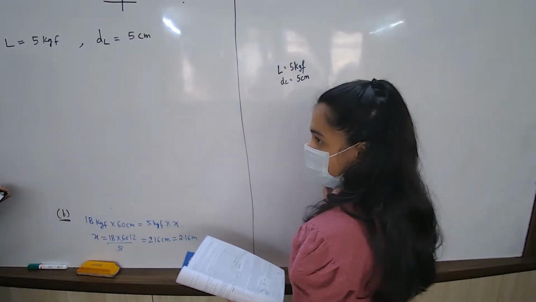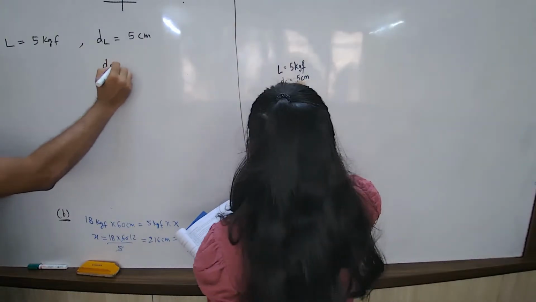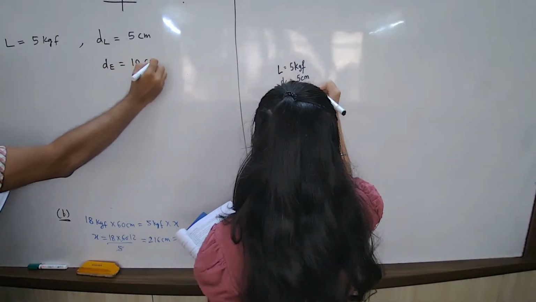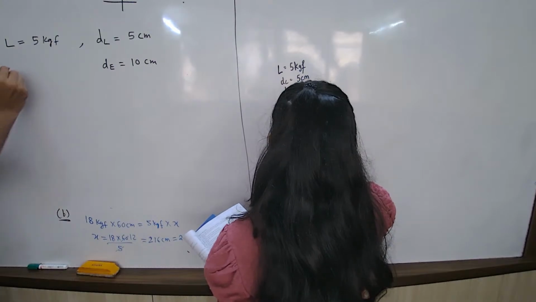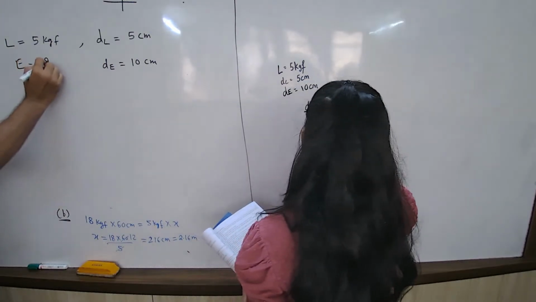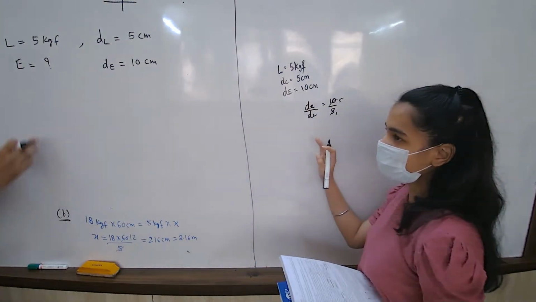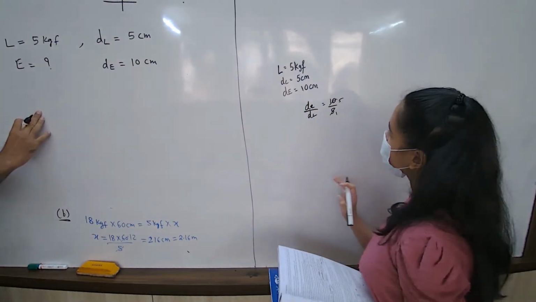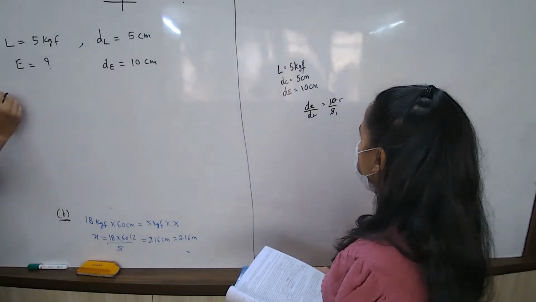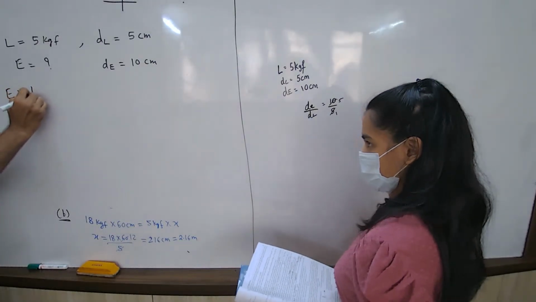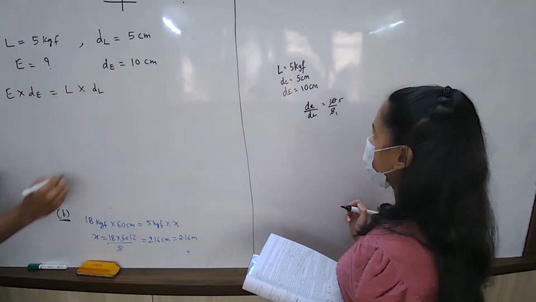Well, its handle is 10 centimeter. तो हैंडल क्या होता है? एफर्ट आर्म. ठीक है, अच्छा तो तुमको क्या निकालना है? एफर्ट इज इक्वल टू हाउ मच? एफर्ट निकालना है. हाँ, तो अभी हमारा प्रिंसिपल क्या है? एफर्ट इनटू एफर्ट आर्म इज इक्वल टू लोड इनटू लोड आर्म, है ना?